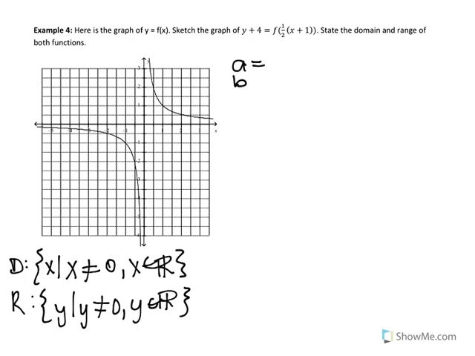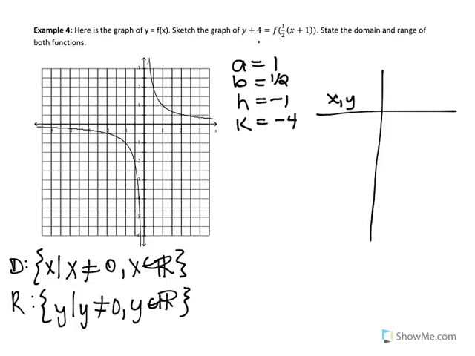Alright, a, b, h, and k. So we have an a value of 1, there's nothing there. I have a b value of a half. I have an h value of negative 1 and a k value of negative 4.